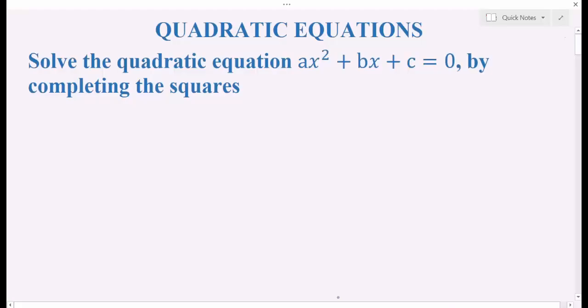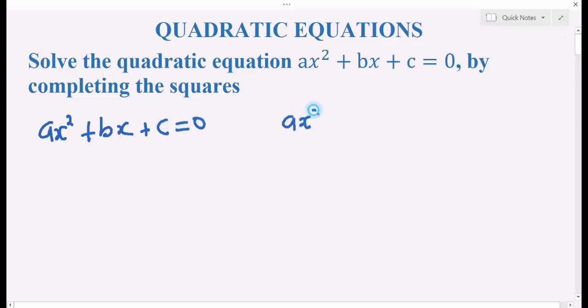Okay, now we have another example. Now let us see how to solve this. Solve the quadratic equation ax squared plus bx plus c is equal to 0 by completing the square. We have ax squared plus bx plus c is equal to 0. So we divide through by a.